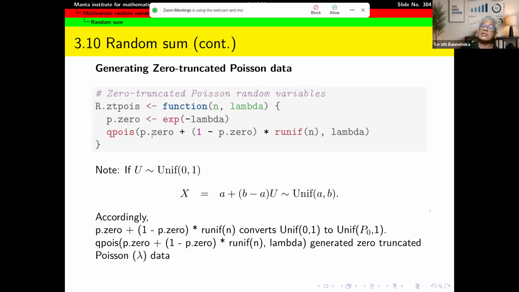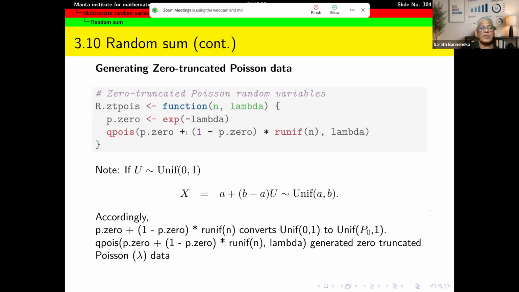So now if I take the quantiles corresponding to those probabilities in a Poisson lambda distribution, the random variable equal to 0 will not happen, right? Because all the probabilities are from P0 to 1, the event that the random variable equals 0 doesn't happen.